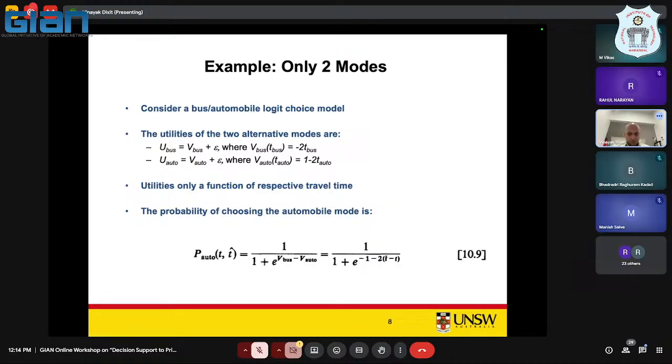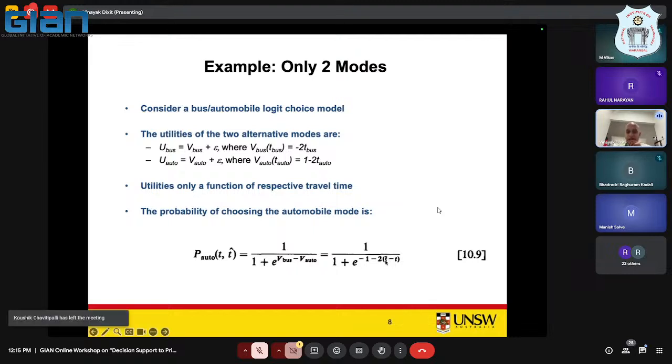I'll just tell you. 1 divided by 1 plus E, plus 1 divided by E. That's around 0.73, 73%.